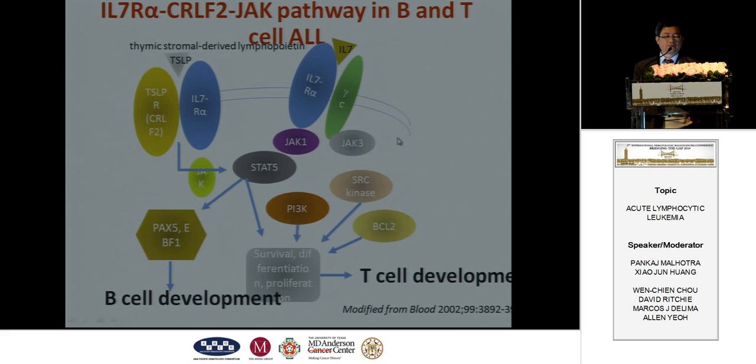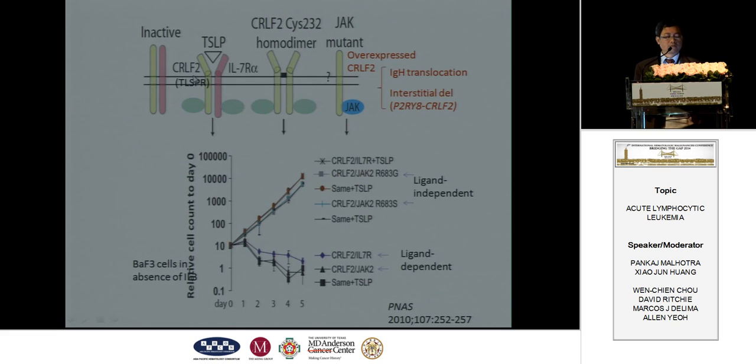There is also a major pathway involved in B and T cell development and also in leukemogenesis. That is IL-7 receptor alpha and the CRLF2 plus JAK pathway, as shown here. CRLF2 overexpression or mutation has been implicated in so-called BCR-ABL1-like ALL, which we will discuss later.